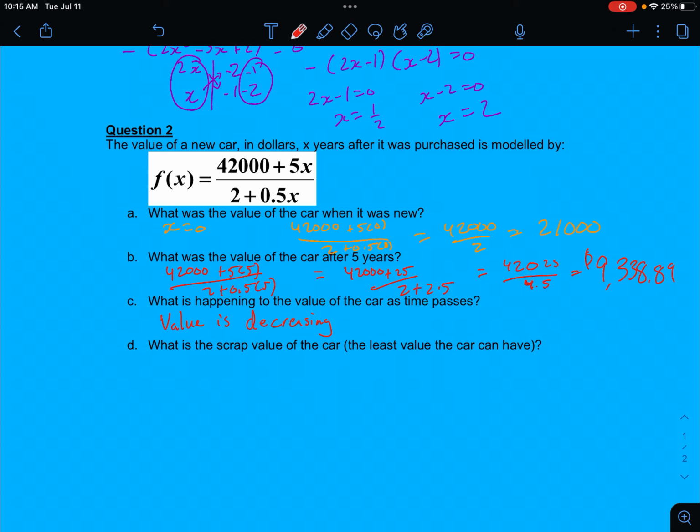But the only issue with that is, when we're looking at it from this perspective, we would think 0.